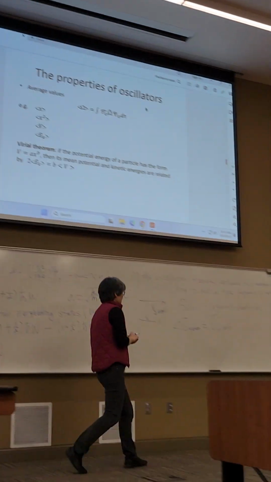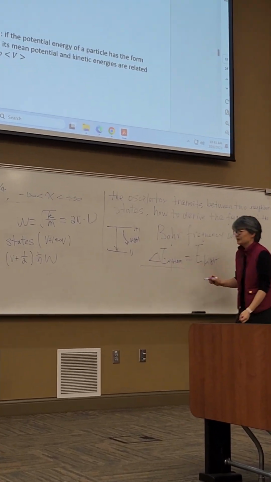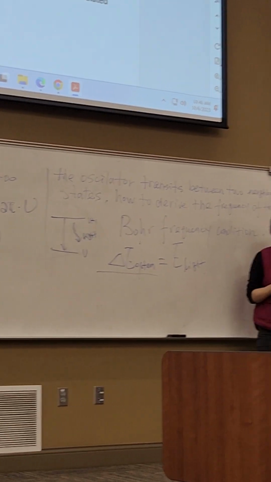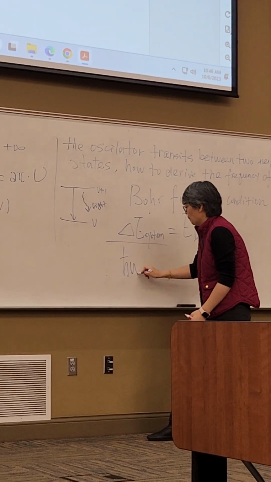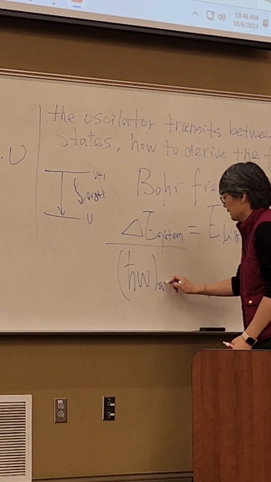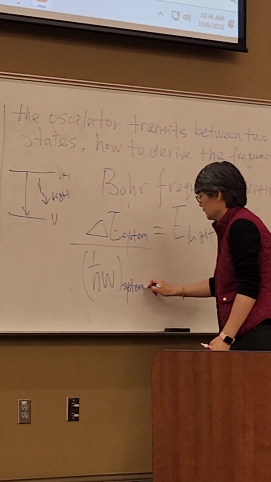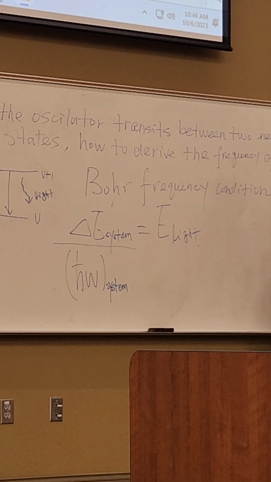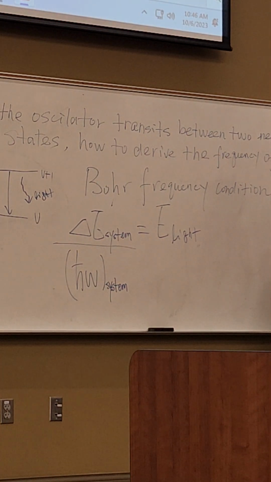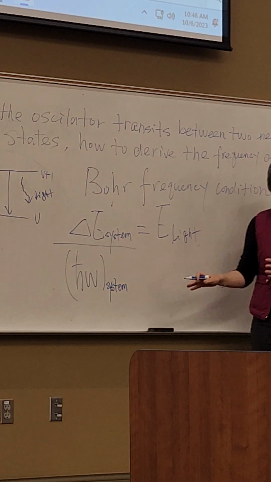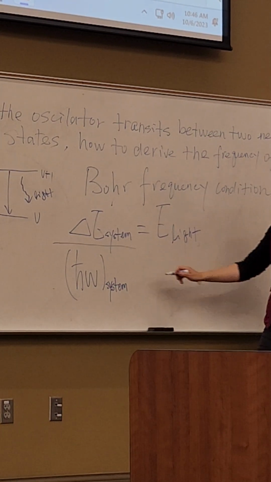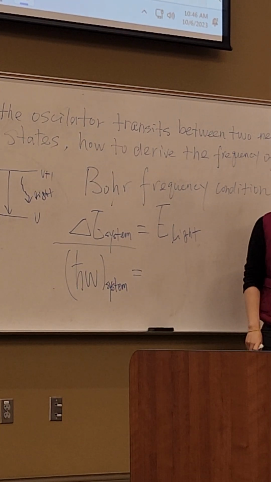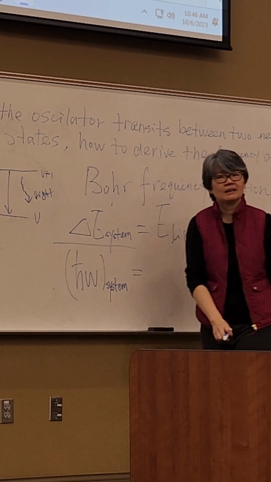Now, what is the energy difference for the system between two neighboring states? What do you guys think? H bar omega. Okay, so it's h bar omega. That is written in terms of the angular frequency. We can also write in terms of what? Normal frequency. Who can tell me?